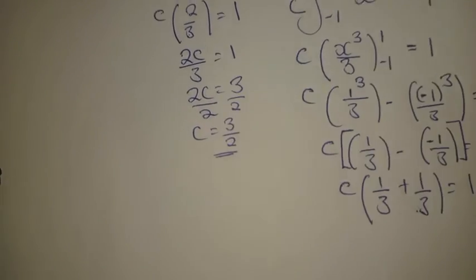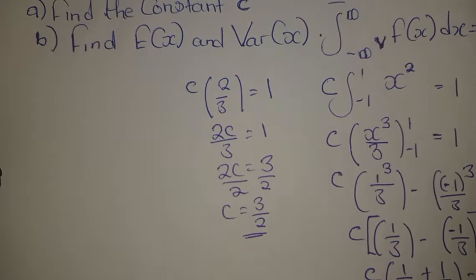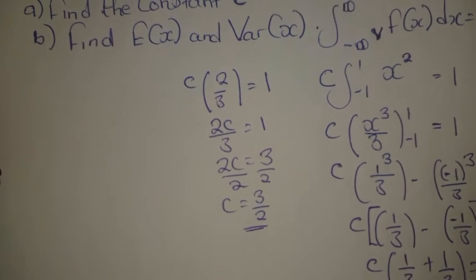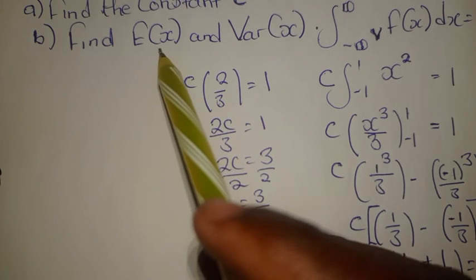So having done that, the second question is telling us to find the expected value of x together with the variance of x. Remember, there are some properties that I gave you. I will attach the link in the description of this video or the comment section so that you can go check the properties of variance. Remember, one of the properties of variance is that there is no variability in a constant number. But here we are dealing with expectations.